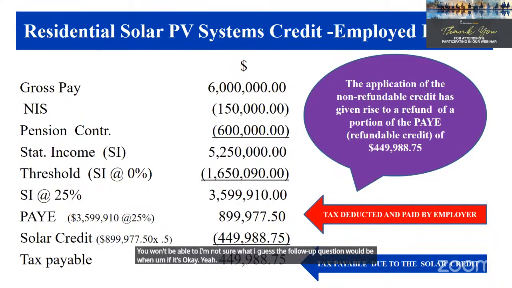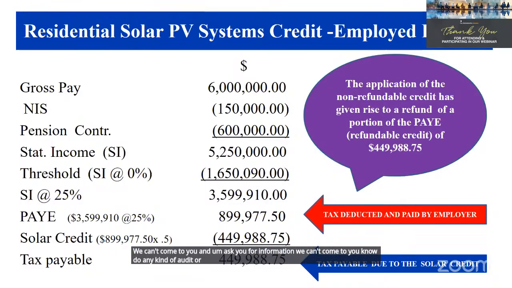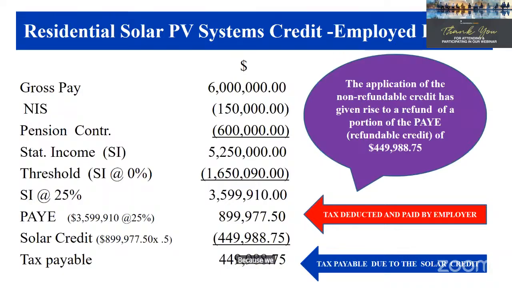So beyond 6 years, we really can't come to you and ask you for information. We can't do any kind of audit or investigation beyond 6 years. And if we can't do that, then we can't give you a refund, because we need to verify what it is that you're claiming.